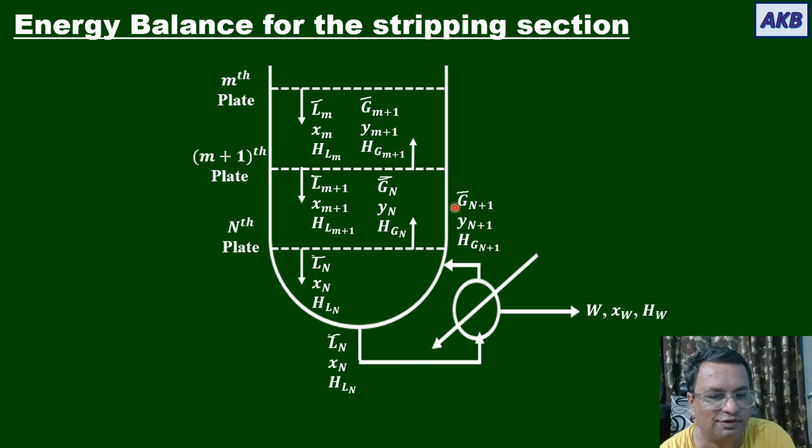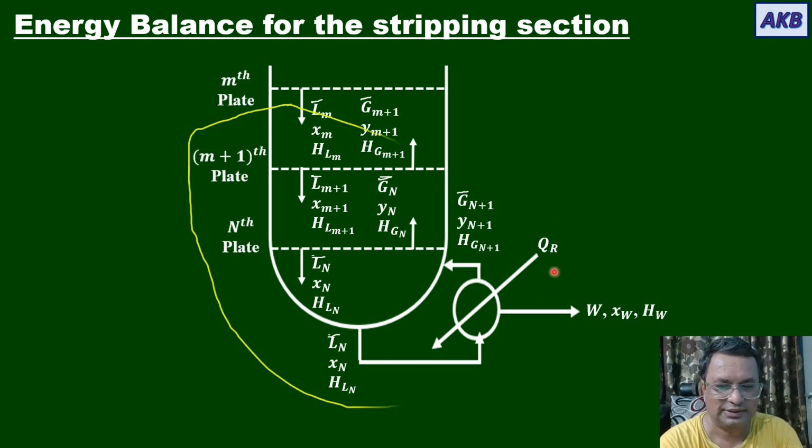So molar flow rate will be G bar n+1 for that vapor stream. Mole fraction of A in it will be yn+1, and the enthalpy associated with it will be Hgn+1. And of course this vapor phase is created as you are adding heat at the rate of QR, kilojoule per kilomole. Okay, now for our discussion we are going to consider this envelope.